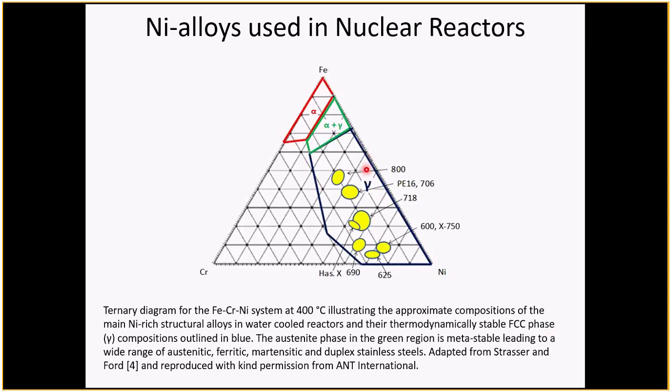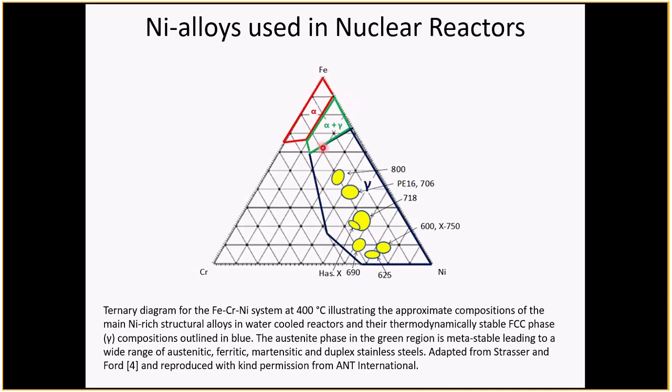Now this is distinct from iron alloys, and we talked about this last week when we talked about steels. Iron alloys, what we would call low alloy steels, if they're iron with carbon in them, are primarily alpha phase, and the alpha phase means it's body centered cubic.